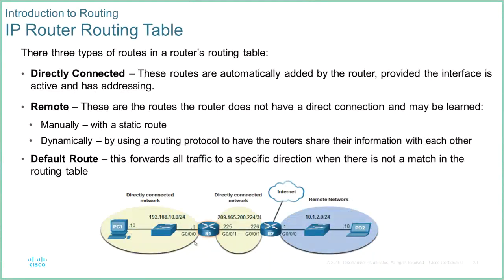And the last one there, default route, is where, just like on the host, the default gateway or default route is known as, if we don't have a specific entry within our routing table, we'll send all of the traffic via that default route, and hopefully another device will know what to do with it as it travels through.